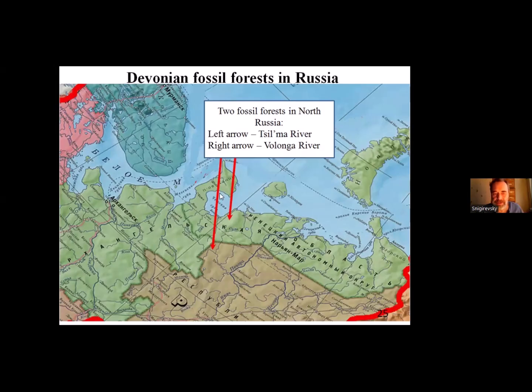This left arrow means the Tsilma River fossil forest. It's Frasnian in age, and this one is the Volga River, and this is Famennian in age. So two fossil forests are established on the territory of the European part of Russia.